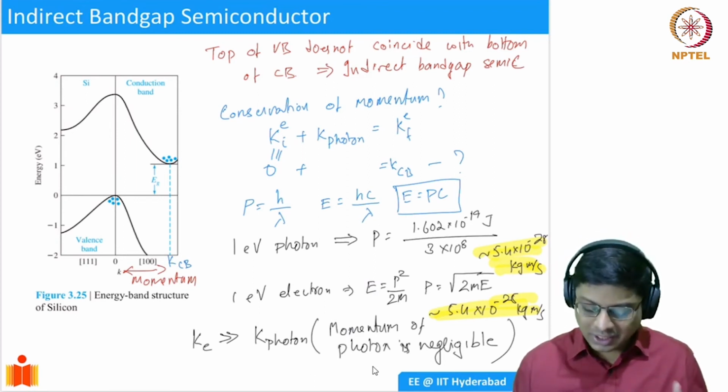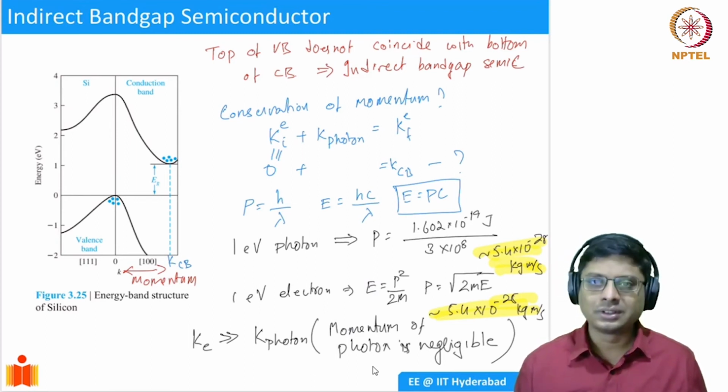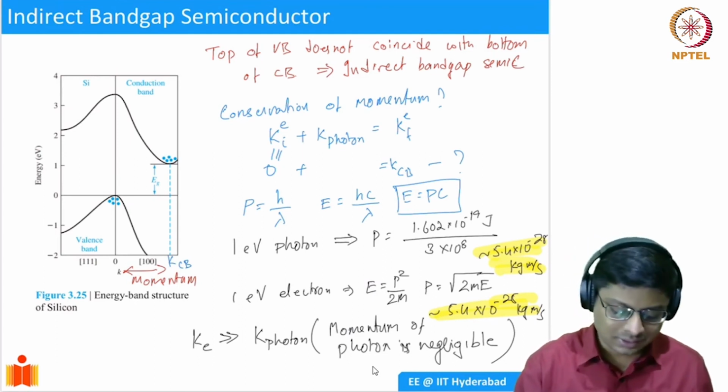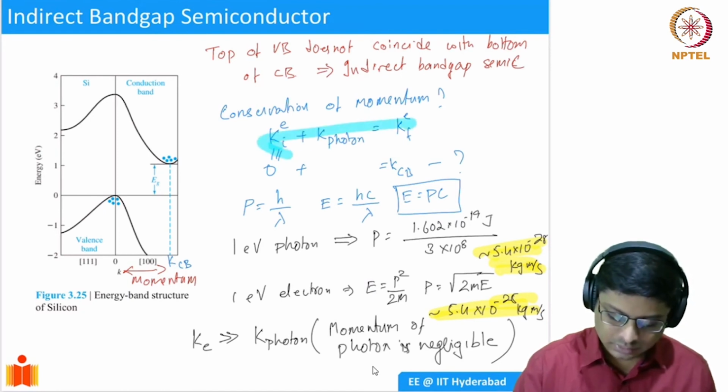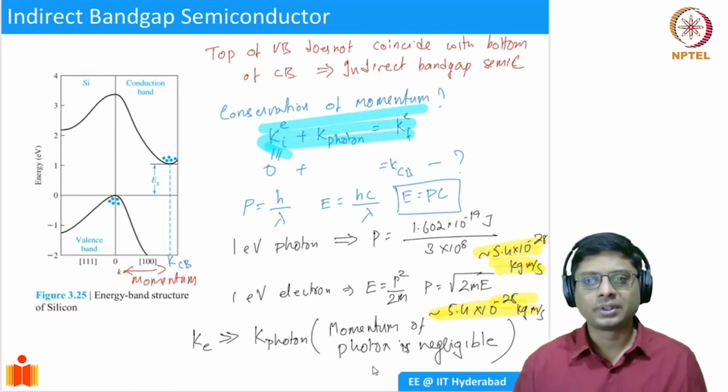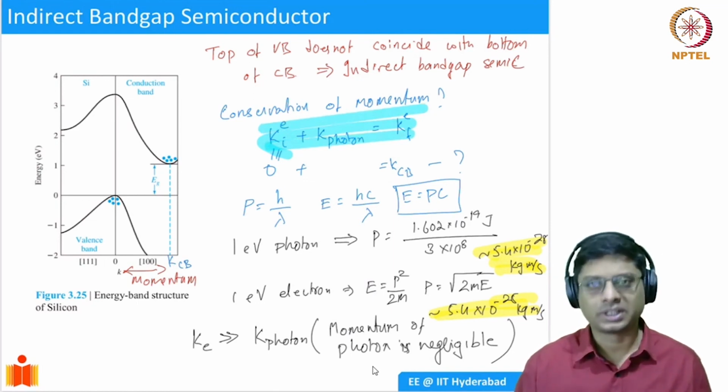So when you have photon momentum to be very small, can this relation be satisfied? This is what conservation of momentum is. Can this be satisfied? No, it cannot by itself.